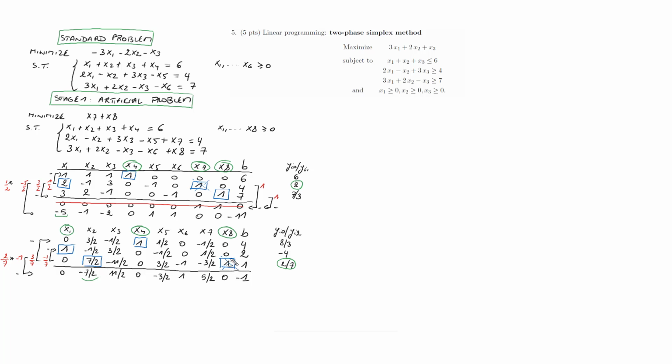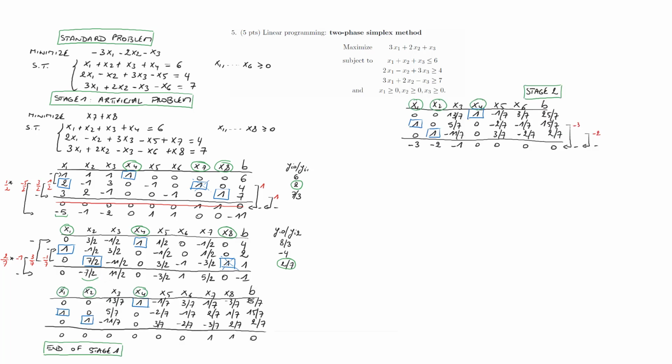So this will no longer be the pivot, so x8 will leave the base and will end the first stage, because both artificial variables will have left the basis, right? So in order to produce zeros above and below the new pivot, here are the elementary row operations that you have to perform, and you have of course to multiply this row over here by the inverse of the pivot.